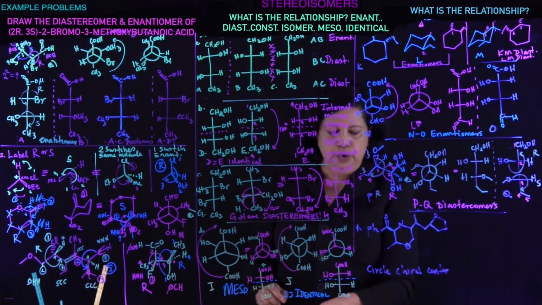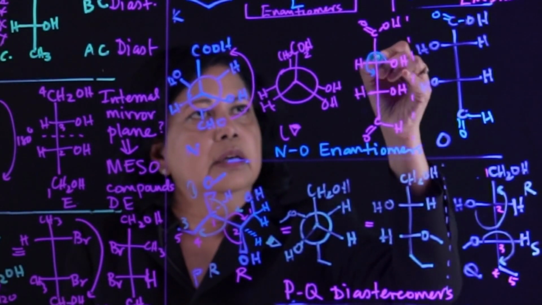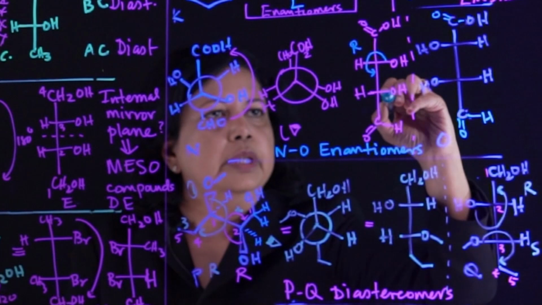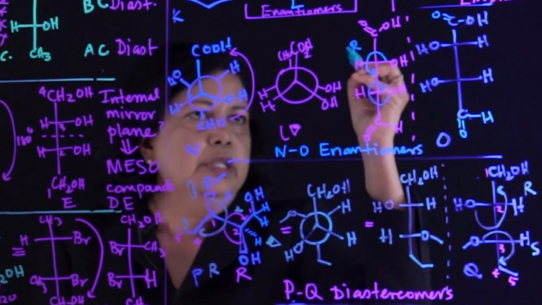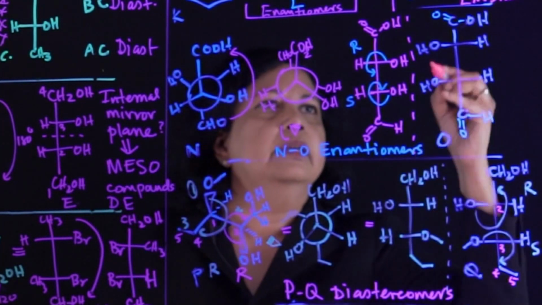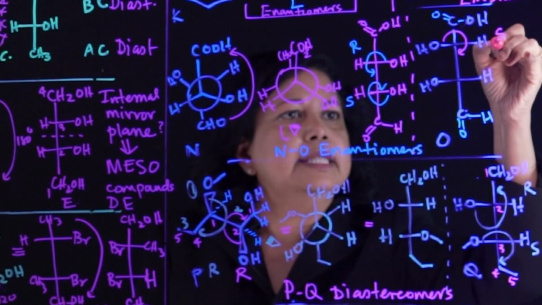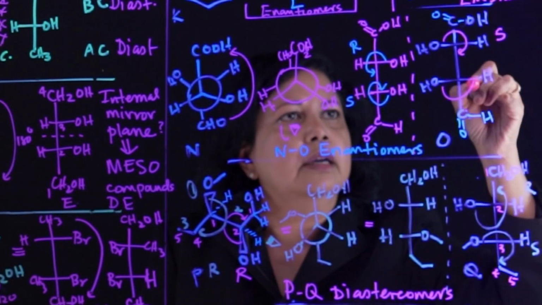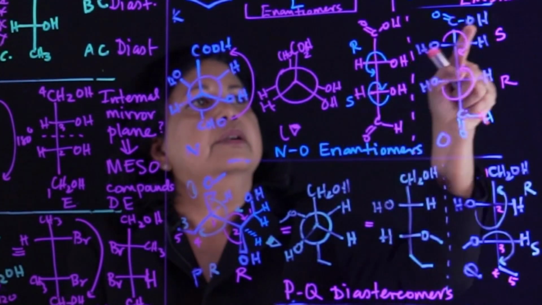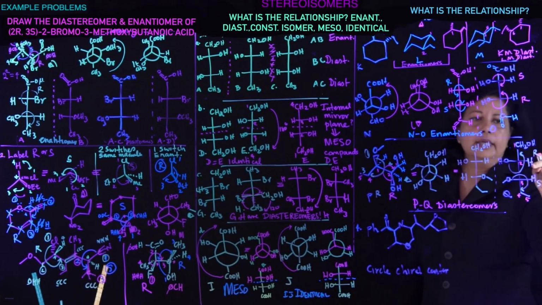And you can see on this Fischer, you could do 1 and then 2, 3 counterclockwise, hydrogen out is R, and 1, 2, 3 clockwise, hydrogen out is S. And so if it's an enantiomer, you would expect the opposite here. 1, 2, 3 clockwise, hydrogen out is an S, and 1, 2, 3 counterclockwise, hydrogen out is an R. So you can see enantiomers RS reflected as SR. Diastereomers would be different. RR would be RS or SR.